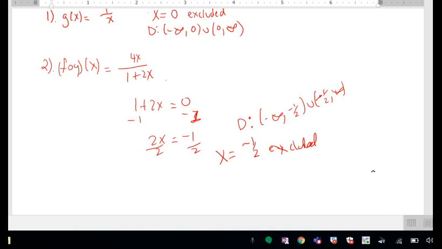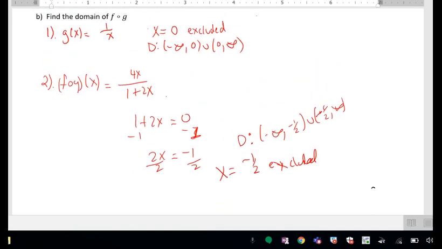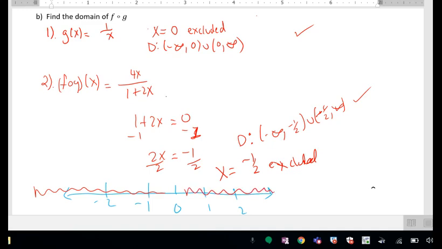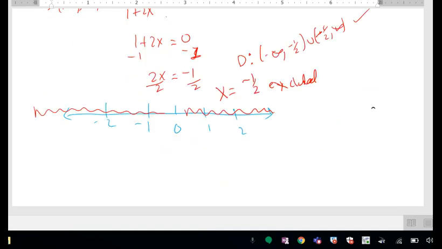So after you have the two pieces, then you want to ask yourself, what does this have in common with this? And one of the ways that you can figure that out is if you draw a number line, you have 0 in the middle, 1, 2, -1, -2. And so for the first part, for g of x, it says that the domain is all these negative numbers all the way to 0, and then all these numbers over here.